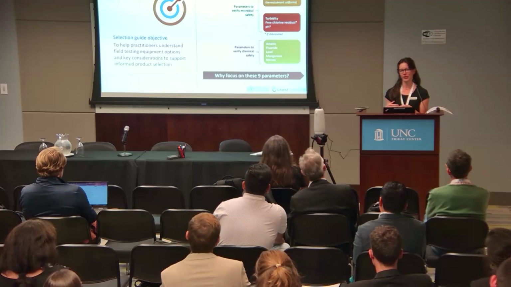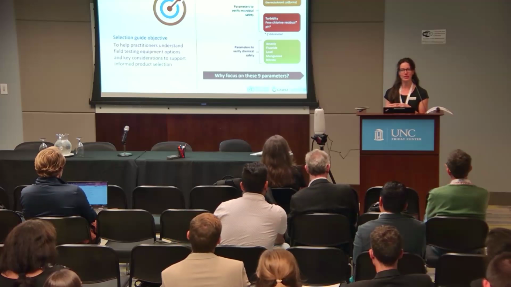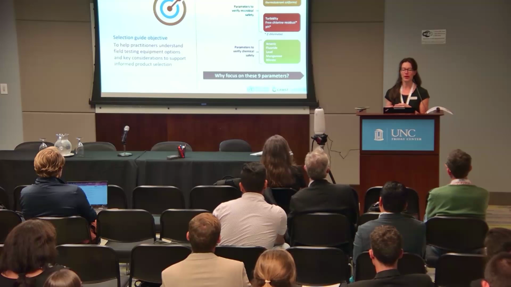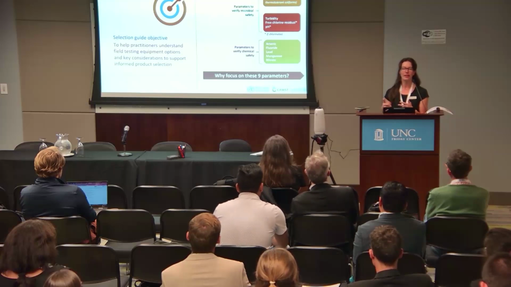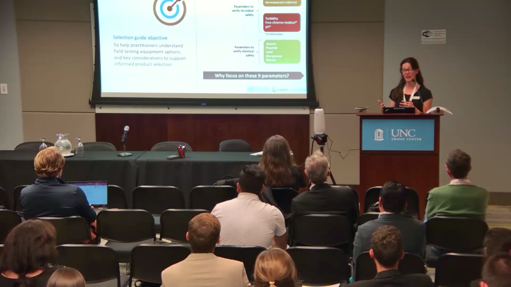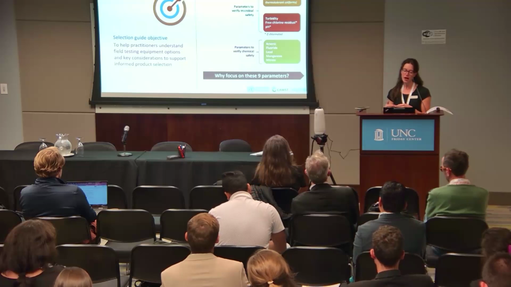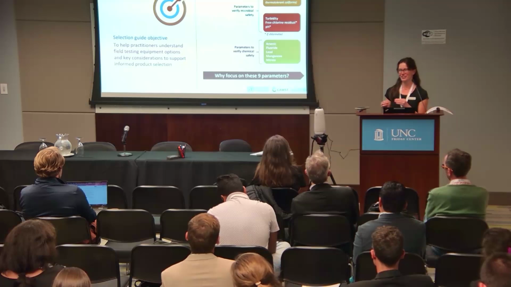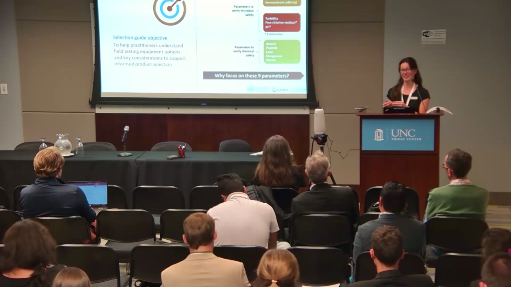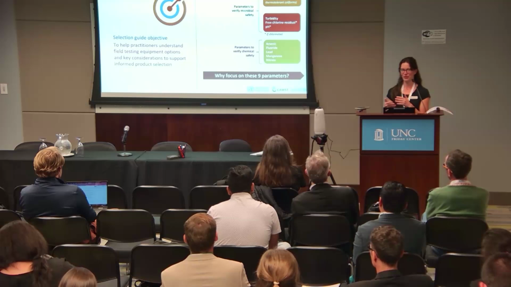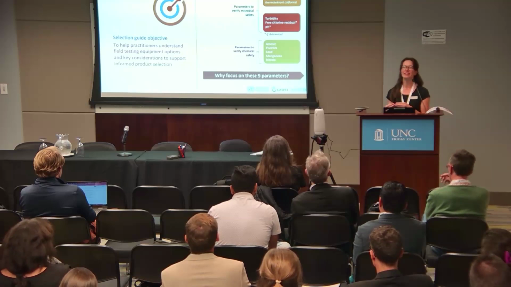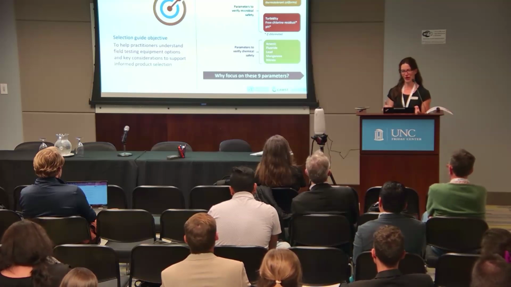what were identified as priorities in the small water systems guidelines, and we hope that in outlining the many different considerations and frameworks that go into testing field water quality equipment, it will help organizations and practitioners to select their best equipment, even if they're not testing for one of these priority parameters.